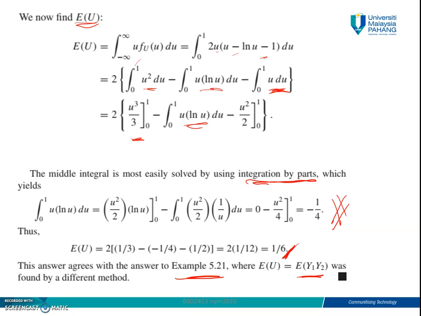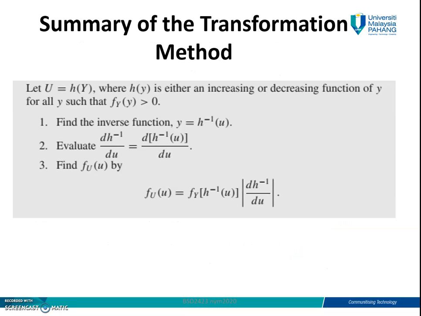Important here, you should know how the transformation method works. So this is the summary of the transformation method. First, let u equal a function of y, where the function of y is either an increasing or decreasing function, and the density function of y is greater than 0. Then, first, what should you do?